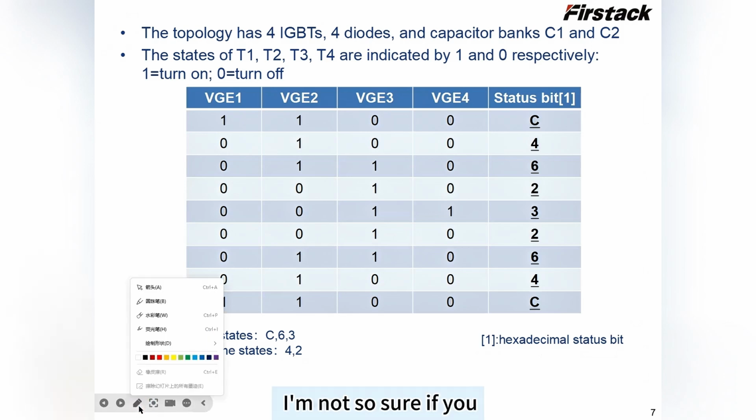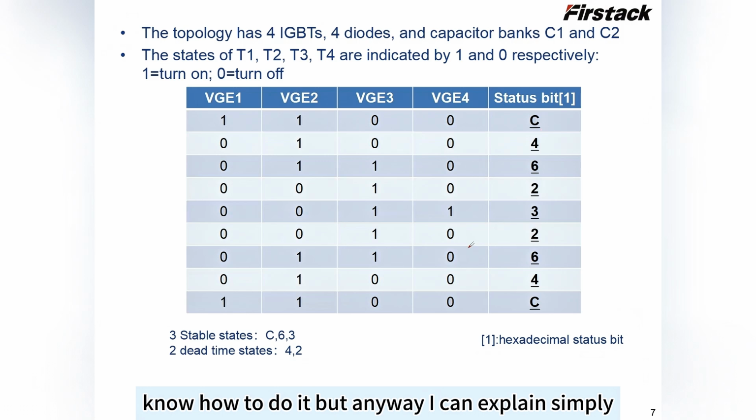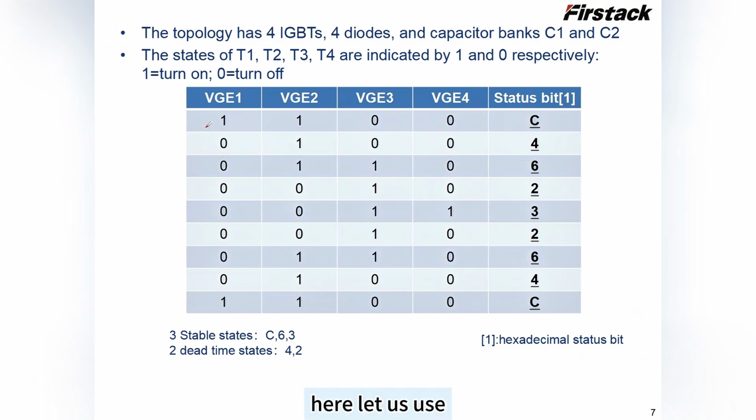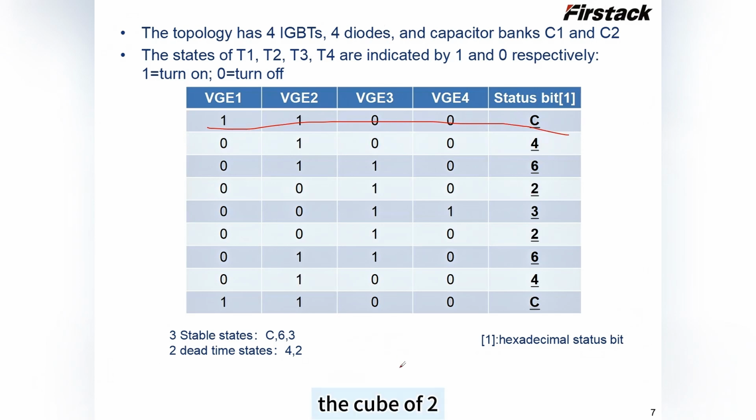I'm not so sure if you know how to do it, but anyway, I can explain simply here. Let us use, for example, this first status 1100. This is like 2 to the power of 3 plus 2 times 2, and it is equal to 12.